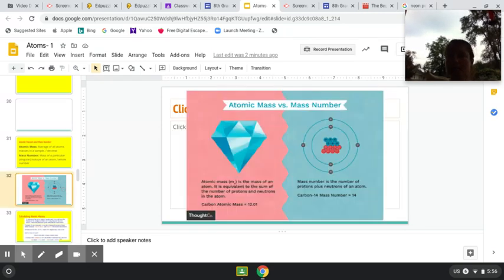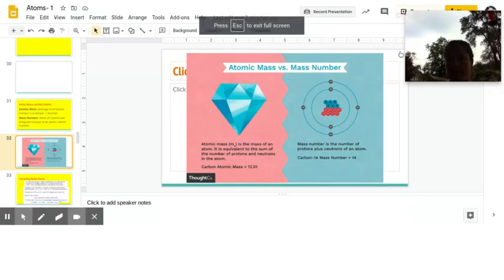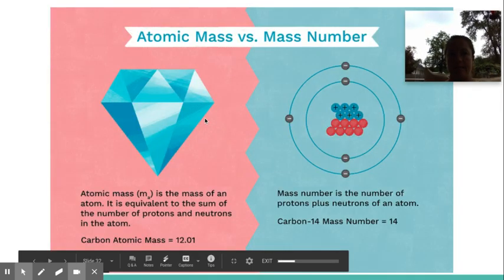Just to make that a little clearer, when we're talking about atomic mass versus mass number, usually we're going to talk about atomic mass. That's the one we are going to use most of the time. It is like saying in this diamond, there are multiple versions of carbon.